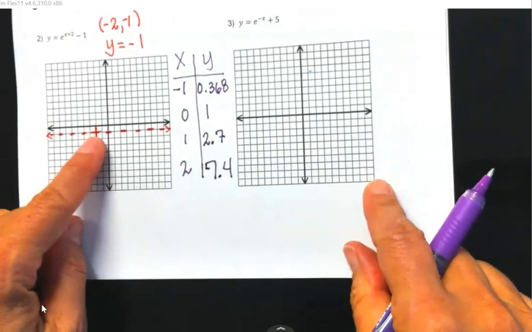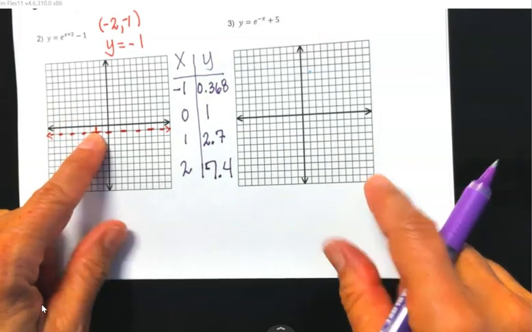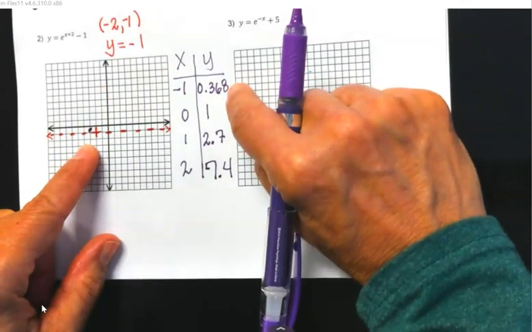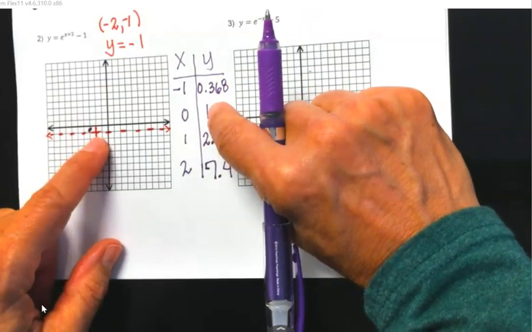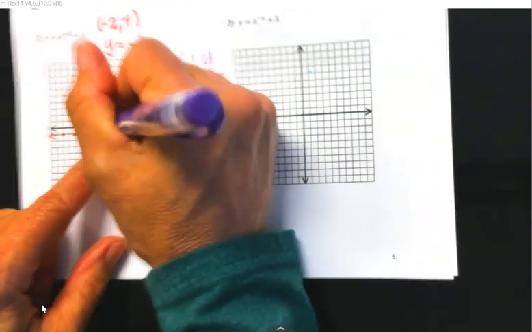And remember, all of our ordered pairs are based on our new origin. So from here, we're going to go over -1 and kind of estimate where 0.368 is. Now I'm going to plot 0, 1, and then the rest.